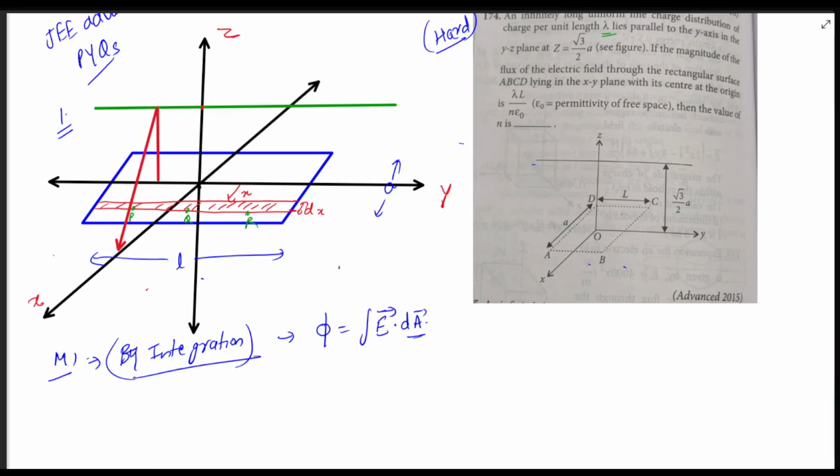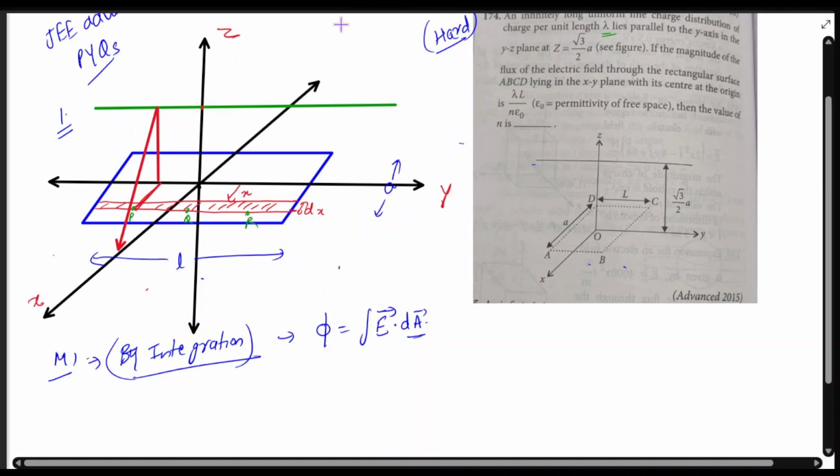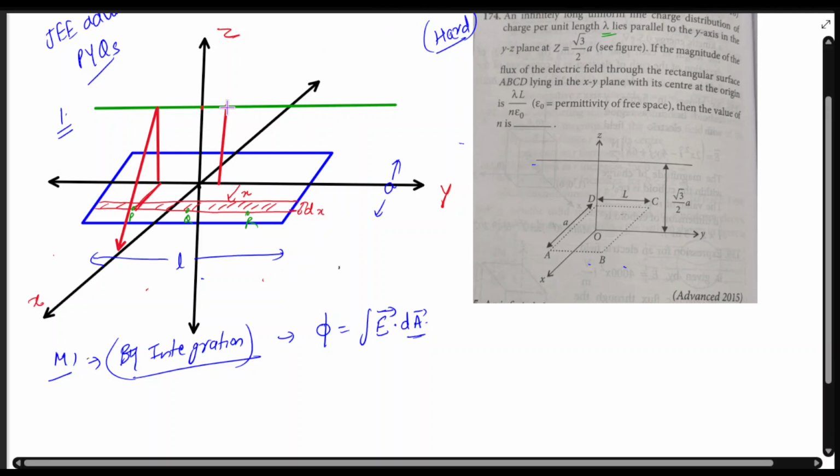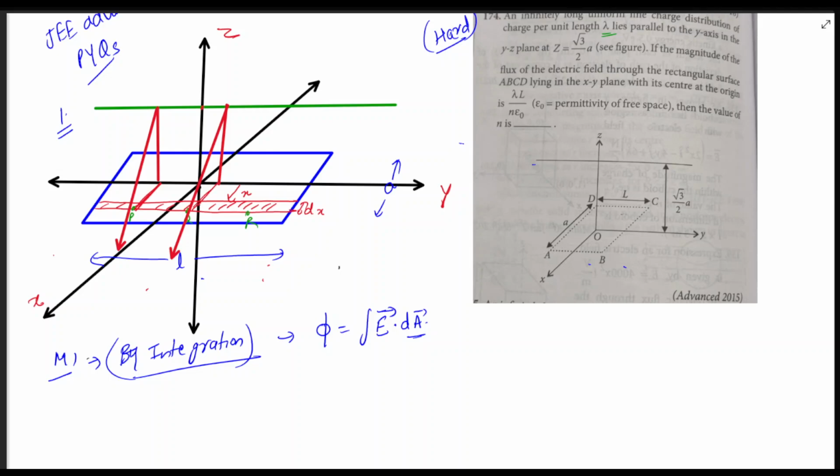This is a triangle. Similarly at Q, we make a perpendicular on y, and the electric field will be like this. Are you getting me? Are you with me, everyone?